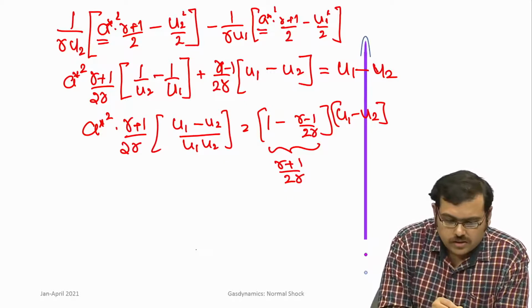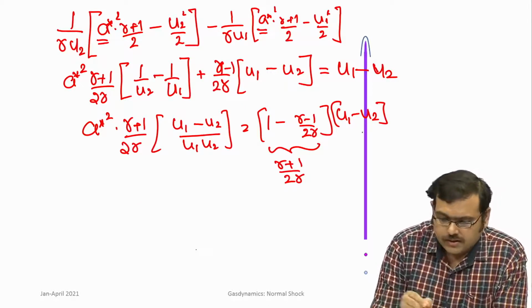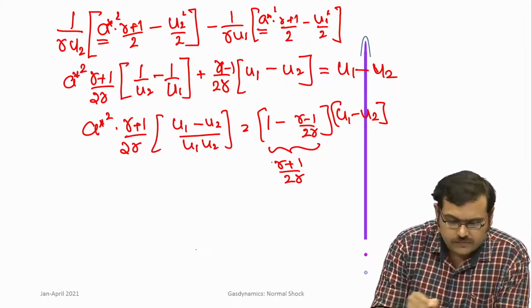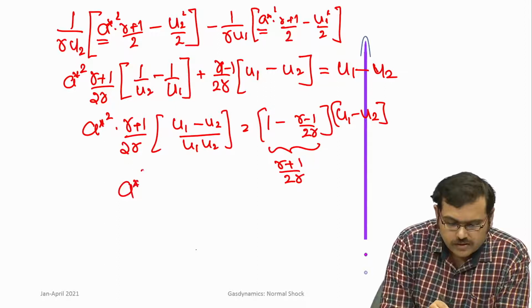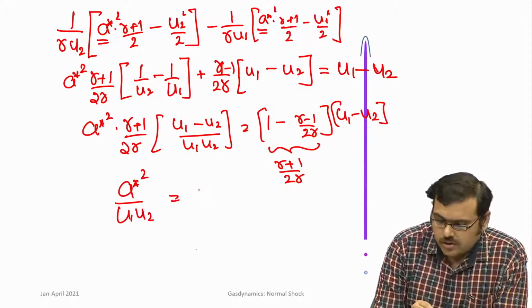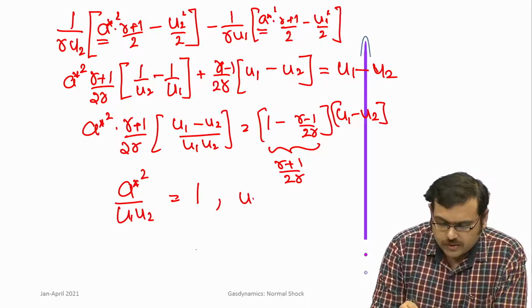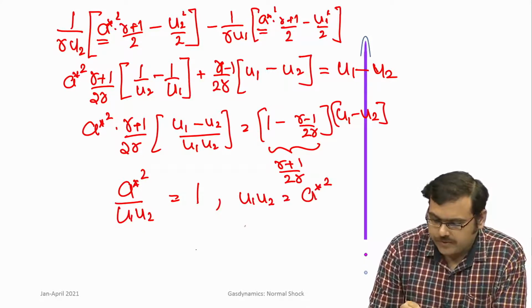So you find the common terms are gamma plus 1 by 2 gamma, u1 minus u2, and that sort of cancels out. You get a star square by u1 u2 is equal to 1, or the other one is u1 u2 is equal to a star square.